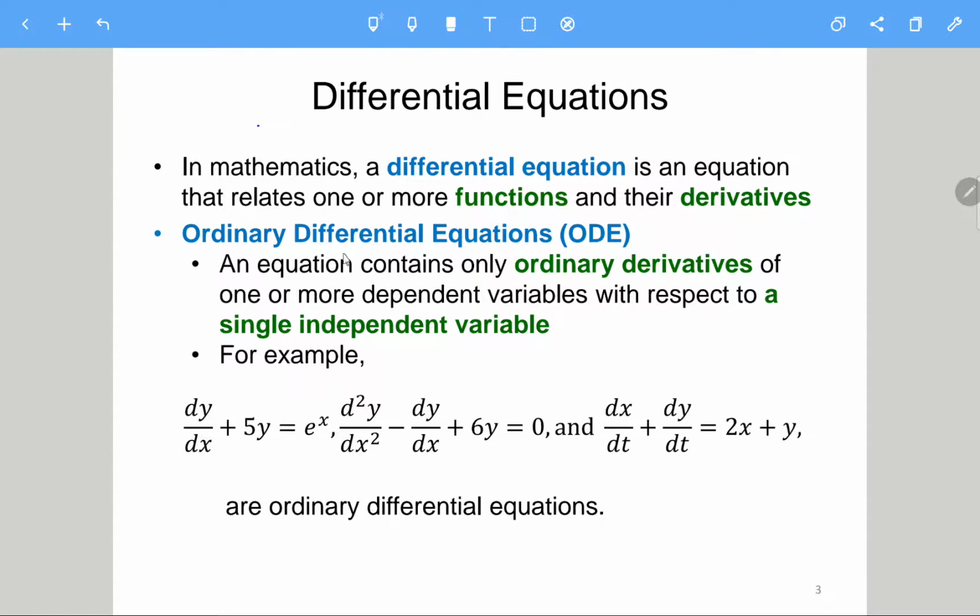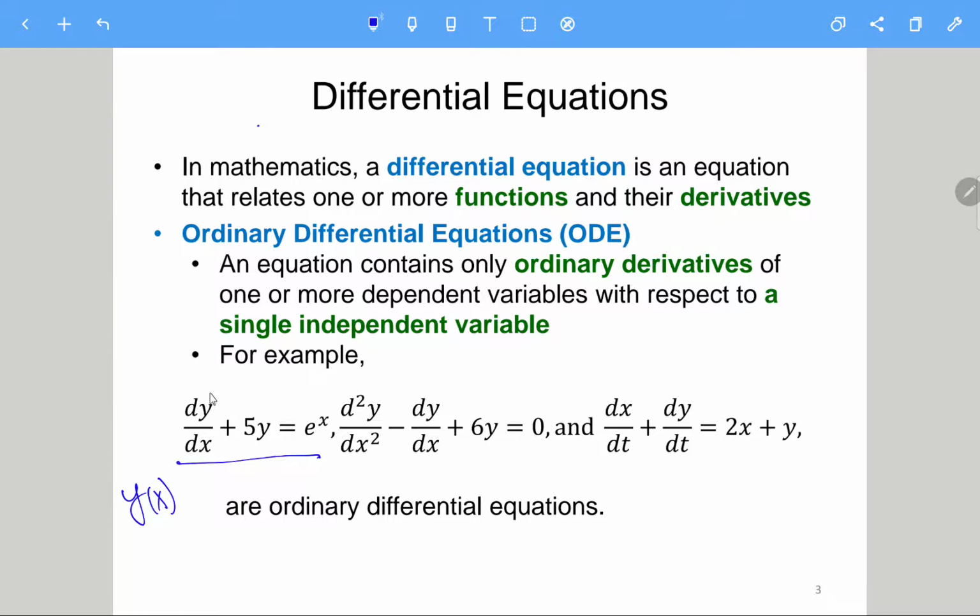So in this case, we have the derivative of a function. In this one, y will be a function of x.